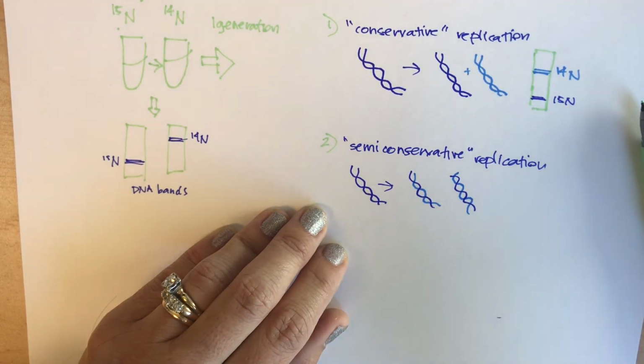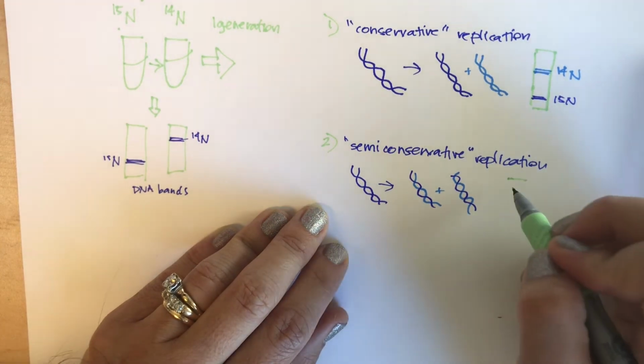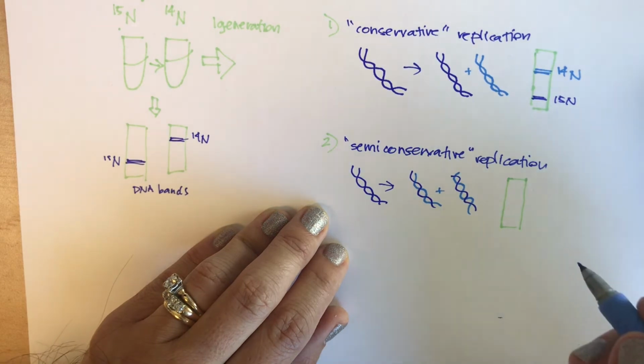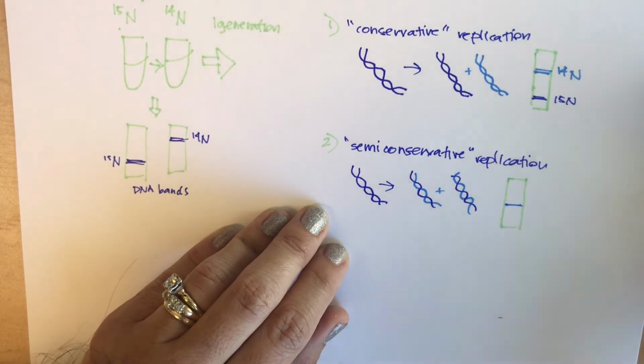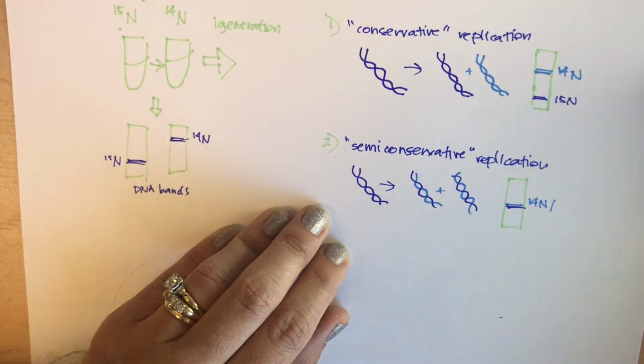So after the first generation, each DNA molecule is made of one old strand and one new strand of DNA. So if we look at the density gradient for this, we see a mid-band. This mid-band is right in between the 14N and 15N bands.